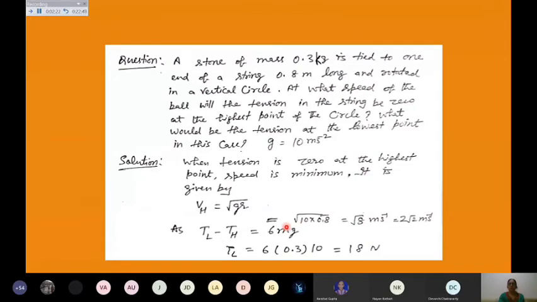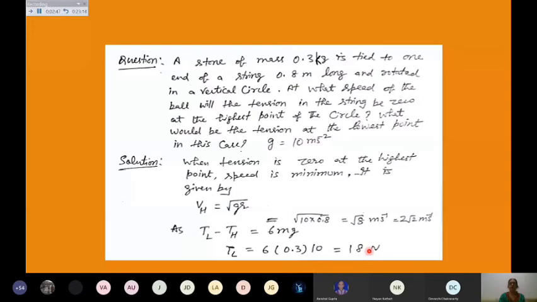TL minus TH is equal to 6 mg, and TH at the highest point is 0, and that value you can calculate simply by multiplying m and g. M is 0.3 kilogram I have taken, and g is taken 10 meter per second square, so as to get the result in Newton. If it is given in gram, then you need to convert it into kilograms and then only multiply.